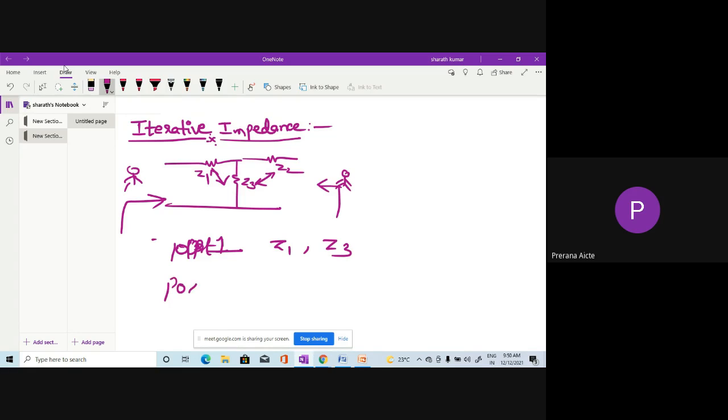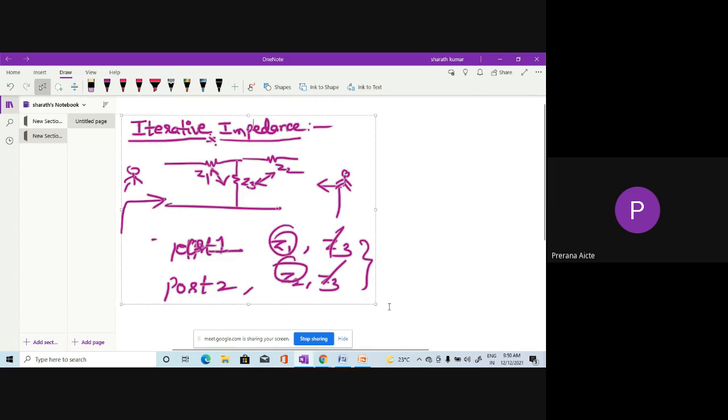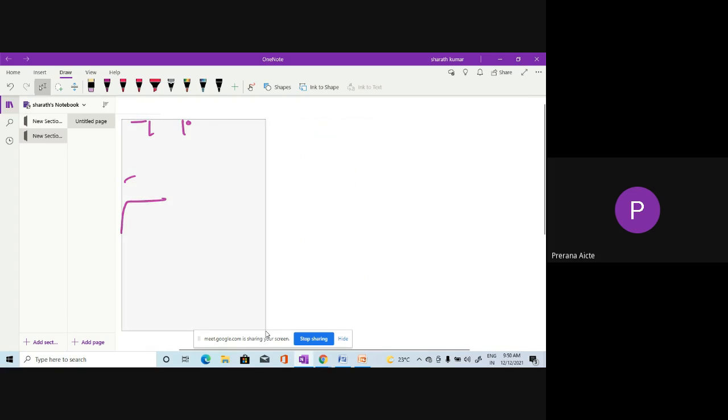When you look from port 2, the visible values are Z2, Z3. See, only Z3 is common, but the other is changed. So the parameters are not the same from port 1 to port 2. So now we are calculating the iterative impedance of a particular network.